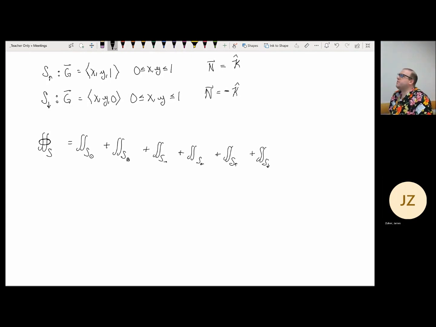We wrote the surface as the union of non-overlapping surfaces. So the total surface integral would be the sum of the individual surface integrals. Or in our case, the sum of the 6.